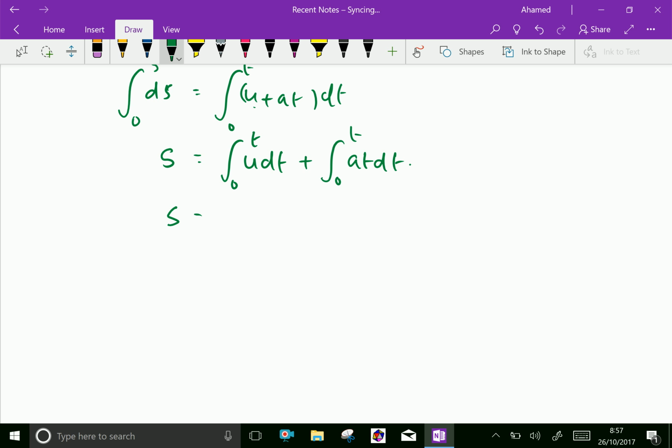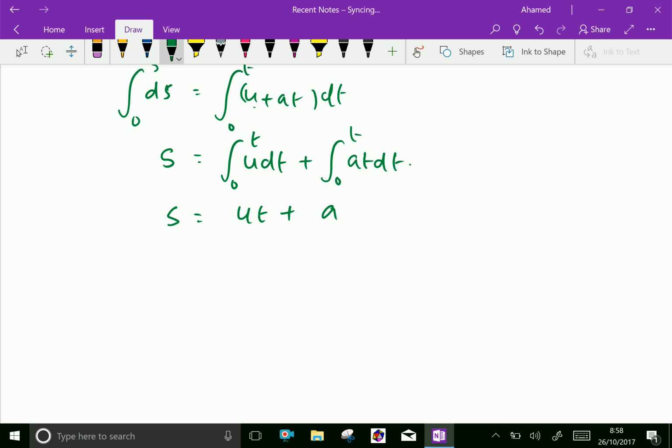Now s equal the integral of u with limits 0 to t, which is ut, plus, because the 0 limit does not affect, the integral of at dt with respect to limits 0 to t.